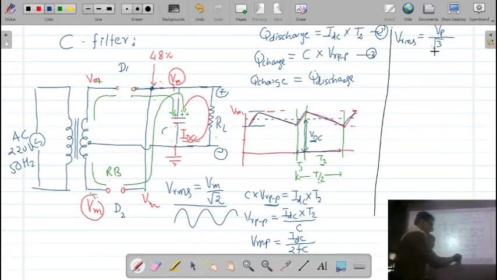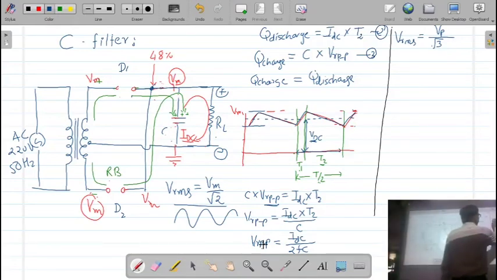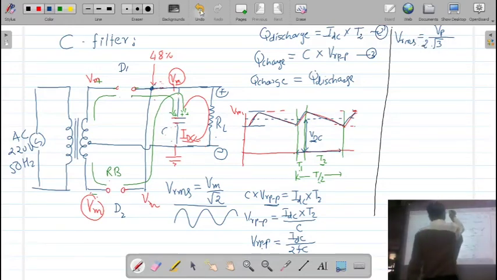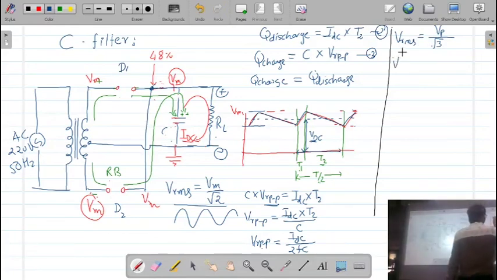But now here we have the peak to peak value. So this peak to peak value has to be converted into a peak value. So when you are dividing by 2, then you can write V dash RMS.